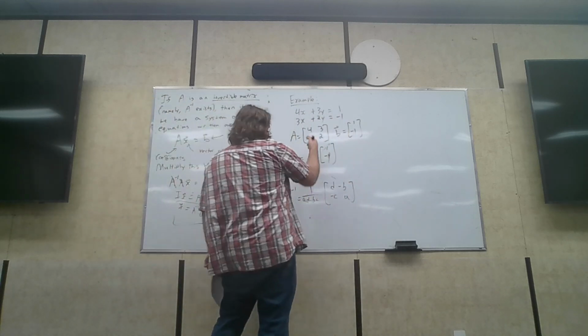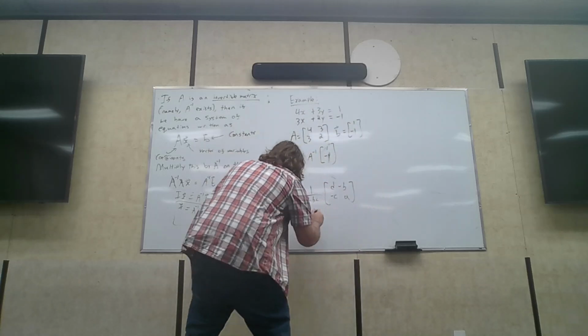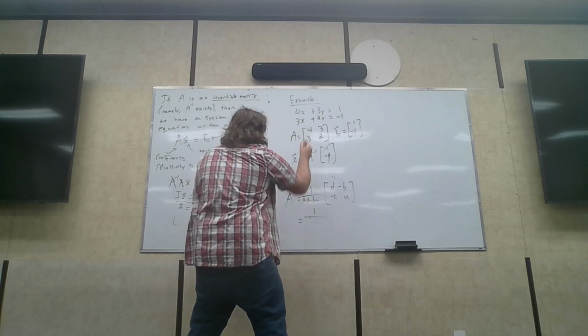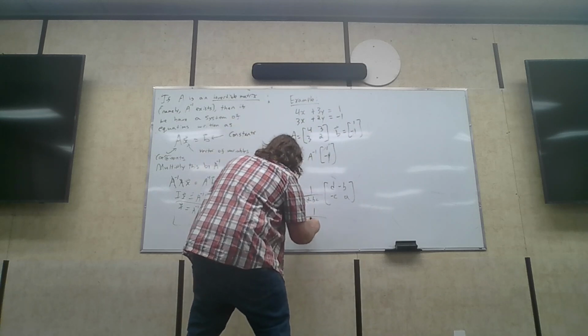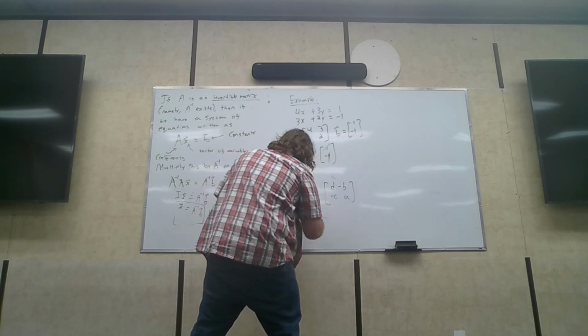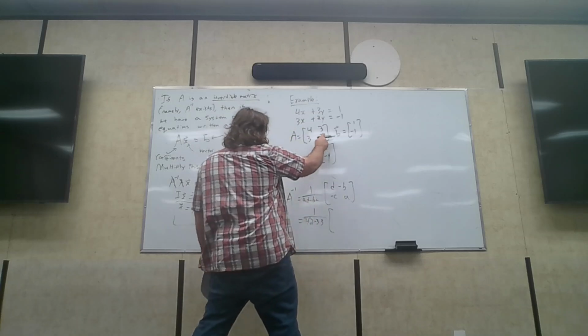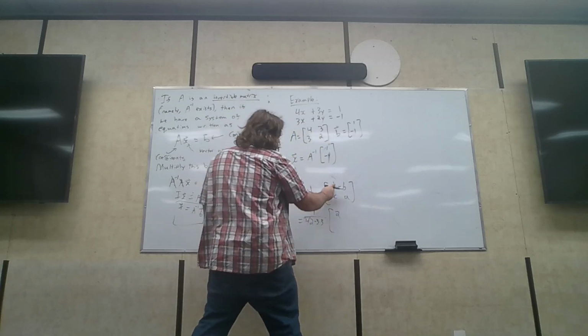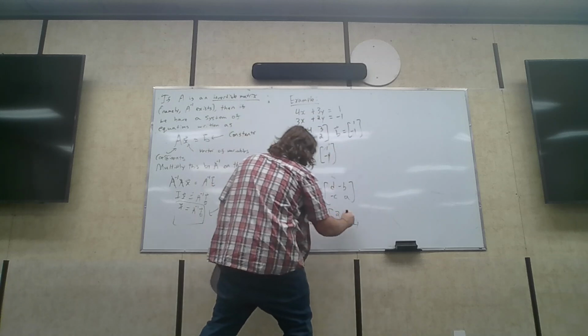A is the top left number. So 4 times 2, because D is the bottom right number, minus 3 times 3. And then now we do the shuffling. Bottom right number becomes top left, top left number becomes bottom right, and let's put minus signs in front of these.